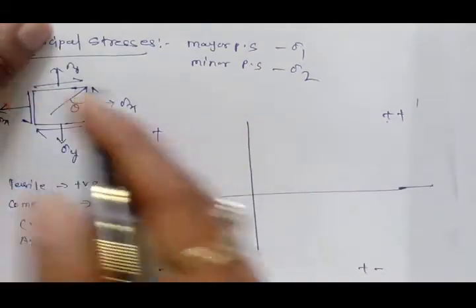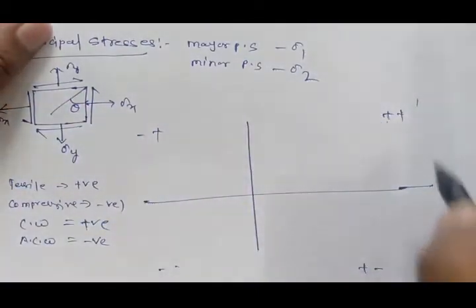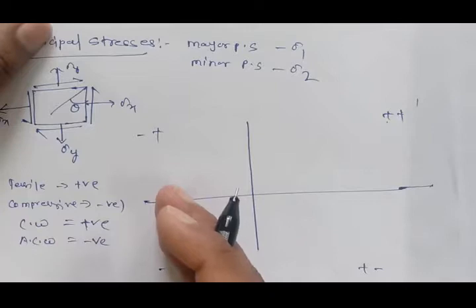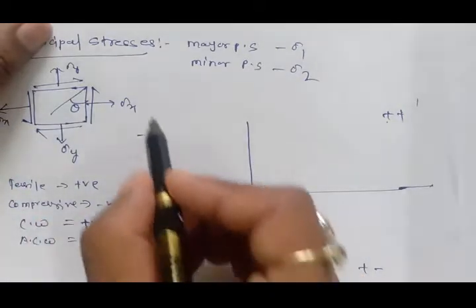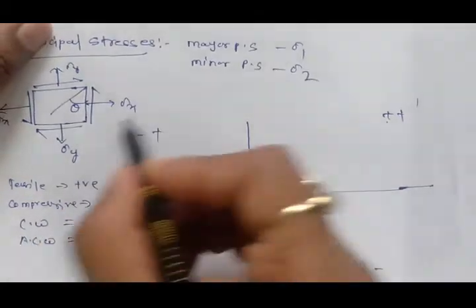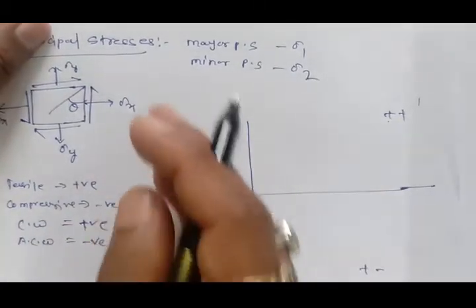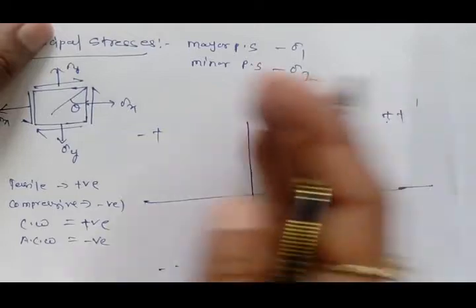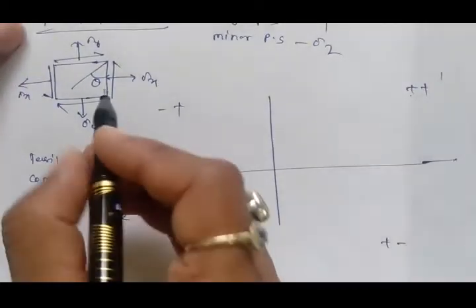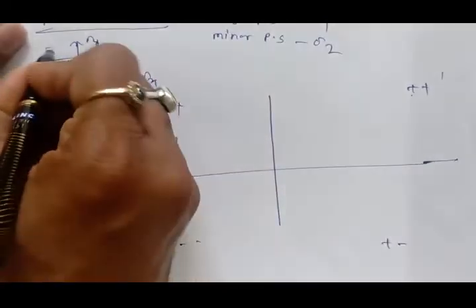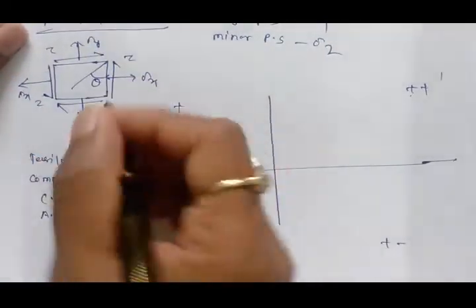If we plot on this side, this area we can take more and this area less. Similarly, if the element is given such that we have to draw this Mohr circle in this area, we have to take this area more and this area very little, we can shift this, so no problem. Now the first important thing is that we have to take the coordinate system, already we have discussed.